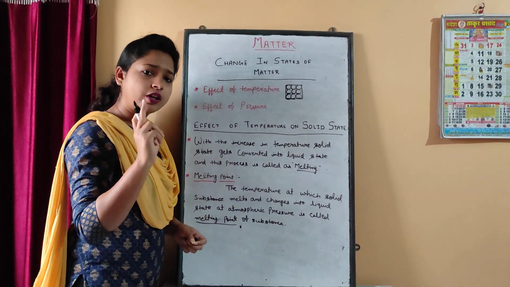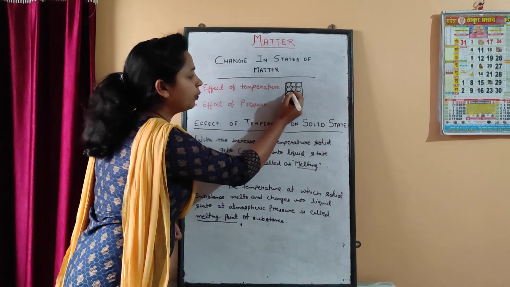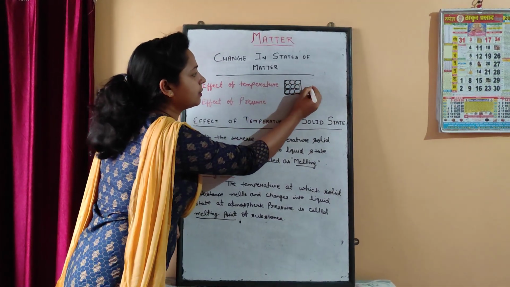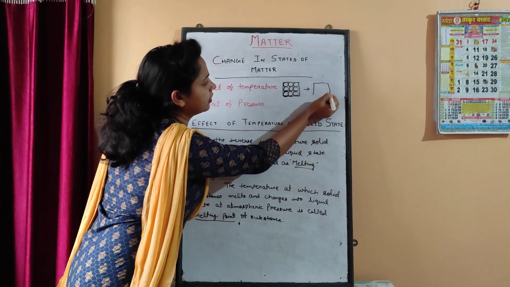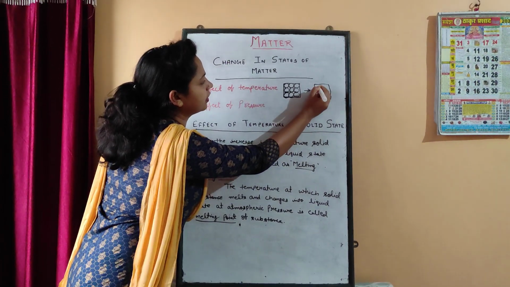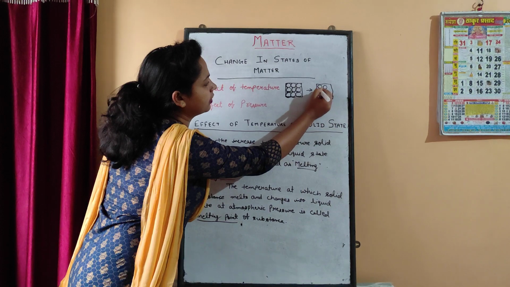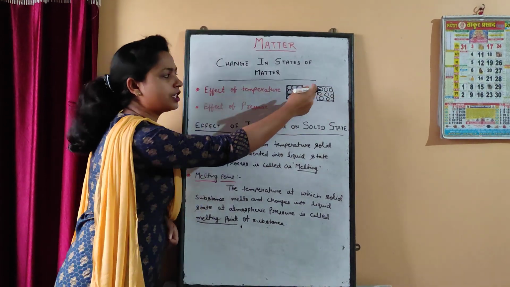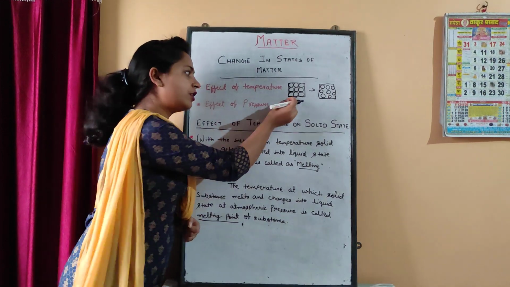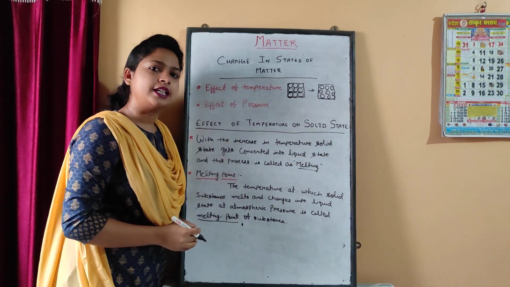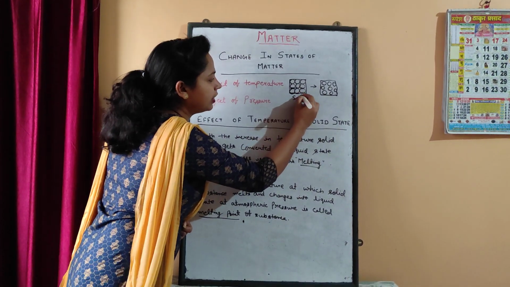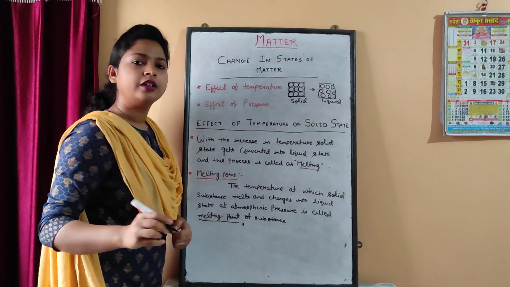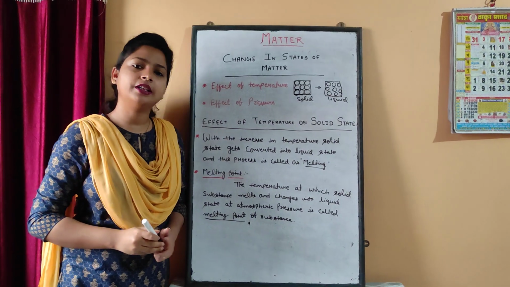Now a temperature will come when this vibration exceeds the limit, and the particles move far apart, or it creates some spaces between them. Now if the spaces between the particles increase, then definitely the solid state gets converted into the liquid state, right? So this is the reason behind melting.